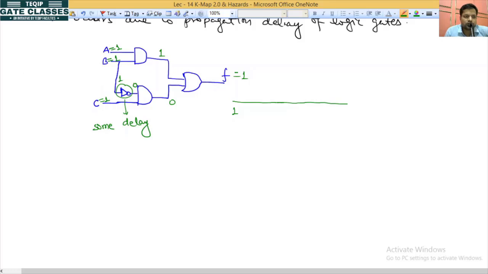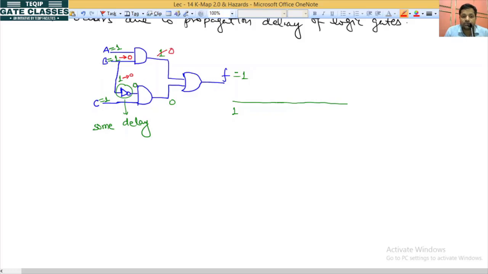Now when we change the value of B into 0, it will come again 0 here, but we know that this NOT gate has some delay, so it will produce output after some time, after a very small delay. So it will update this value after some time, but before the update, what we get here is 0.